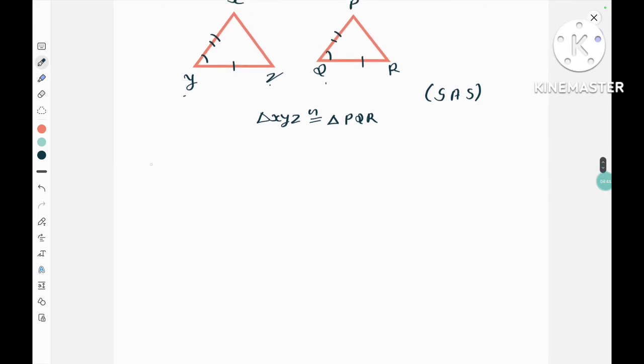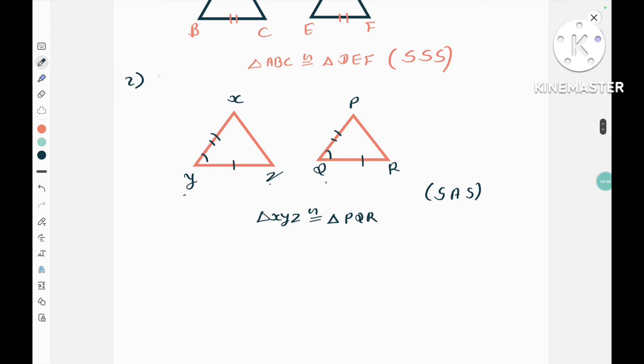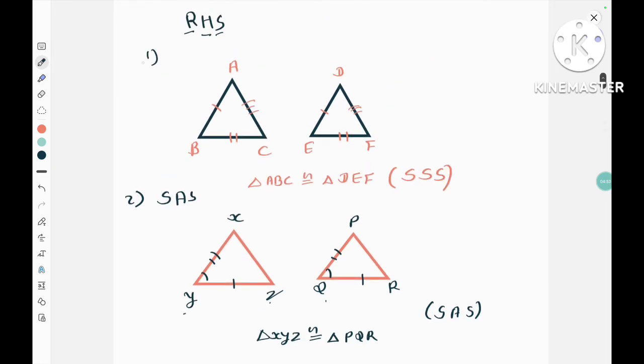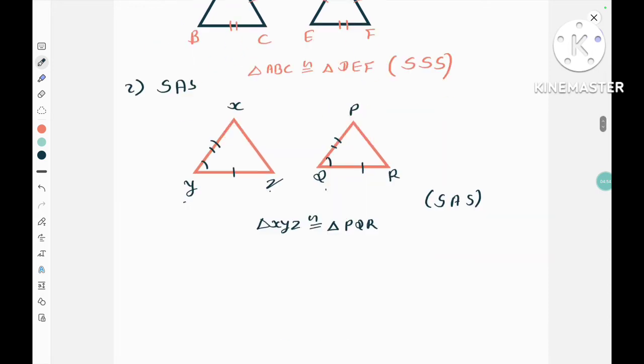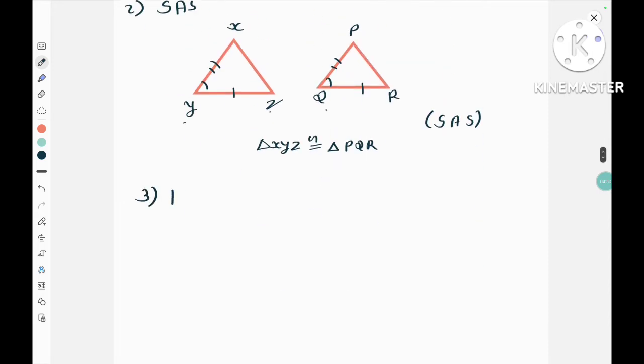Okay, let's see the third rule. The second rule is SAS. The first rule was SSS and the third rule, let's say, is AAS.